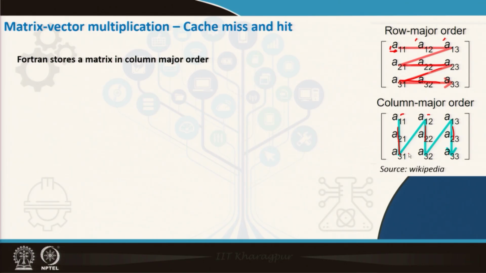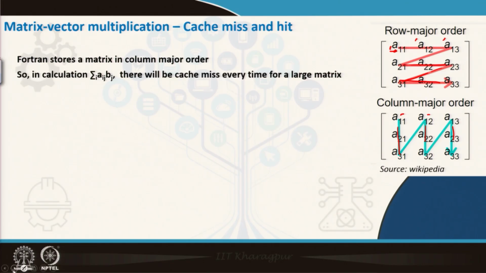Therefore, as Fortran stores the matrix column wise, in the calculation of this there will be a cache miss every time for a large matrix, because if this is the cache line, it starts from A11, A21, A31, up to AN1. A12 is never on the cache line. So every time there is a cache miss.